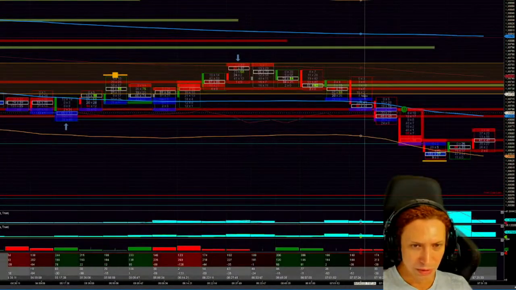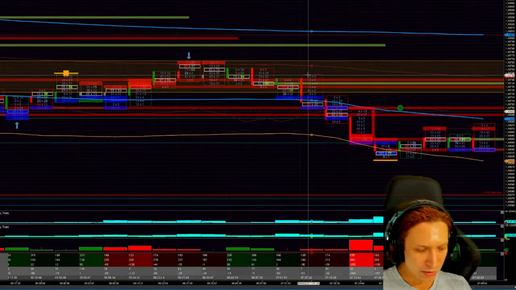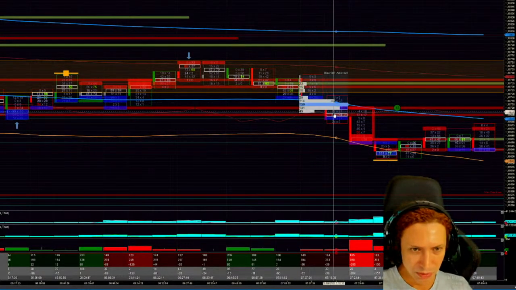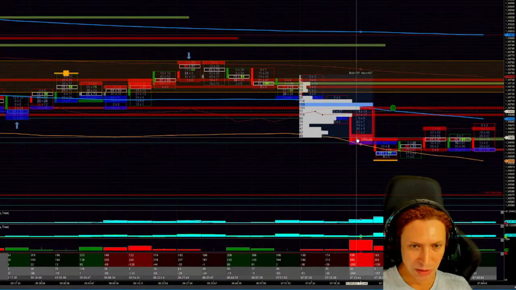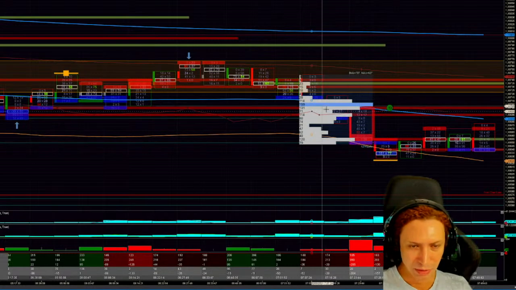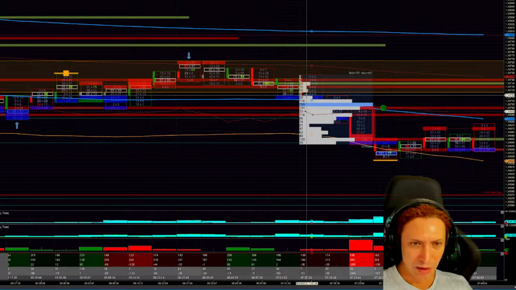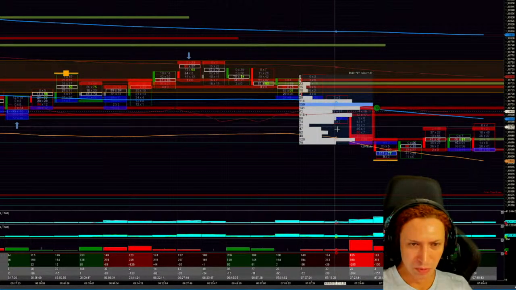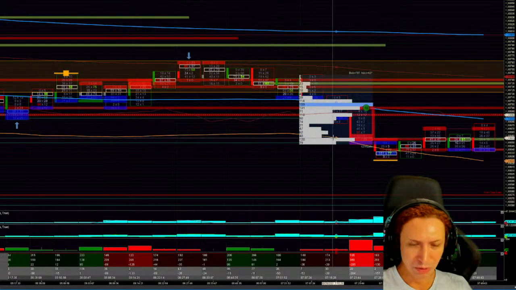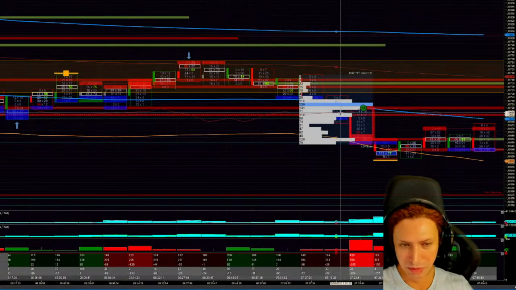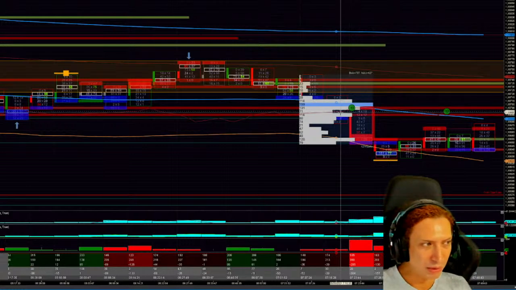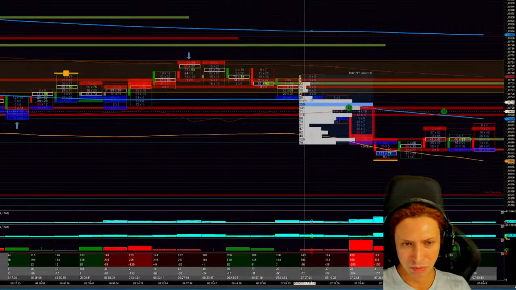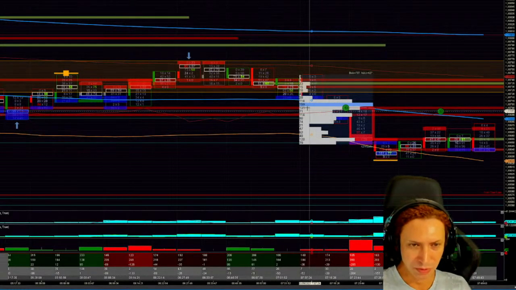So let's take a look again here. Let's analyze the volume that happened on this breakdown. We have these three continuous candles, and I can see here where the highest volume was and where the lowest volume was on these three candles in this case. And I like to use different parts of this volume.